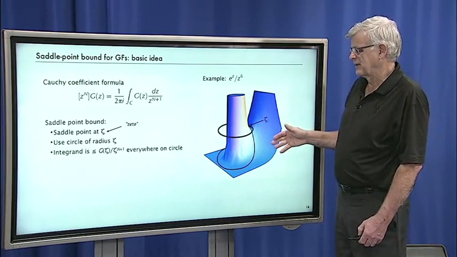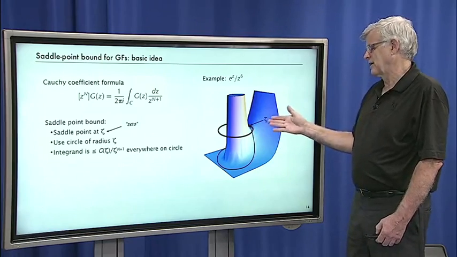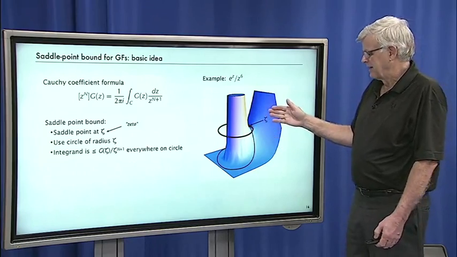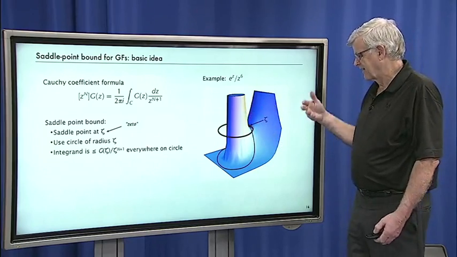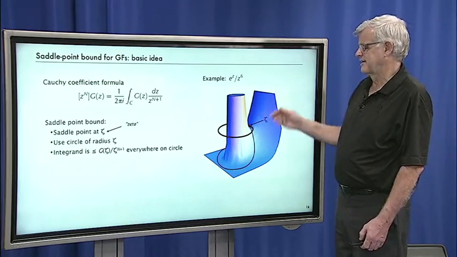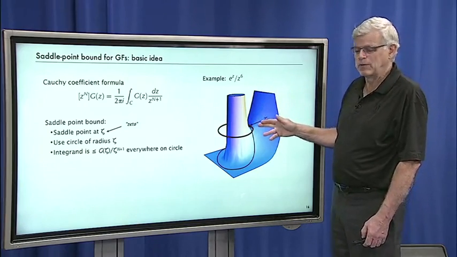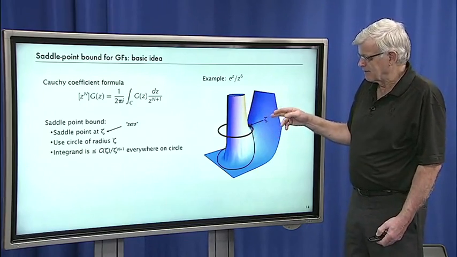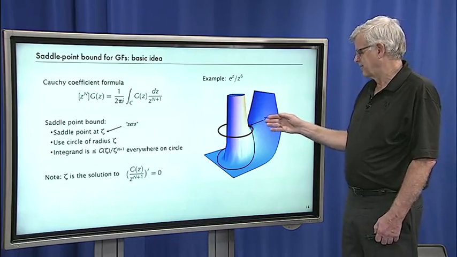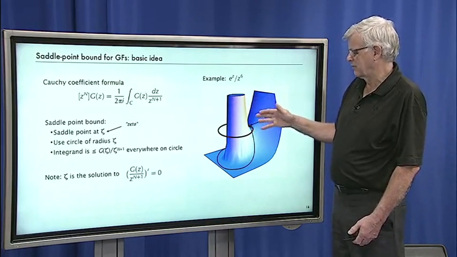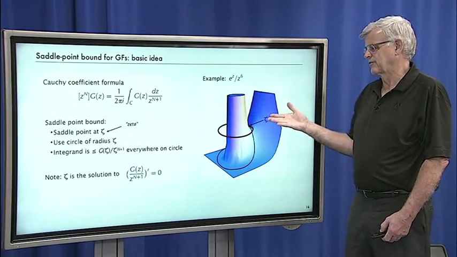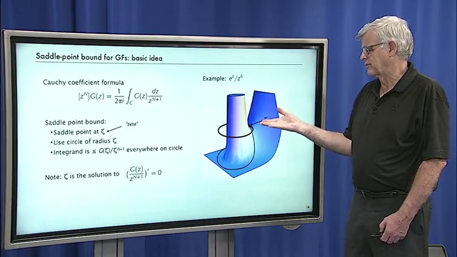But even so, if we just take the highest point of the circle, which is the saddle point, the integrand is going to be less than the value of the function evaluated at zeta everywhere on that circle. So the value of the integral is just going to be as if we had that constant, and that'll give us a very strong bound.